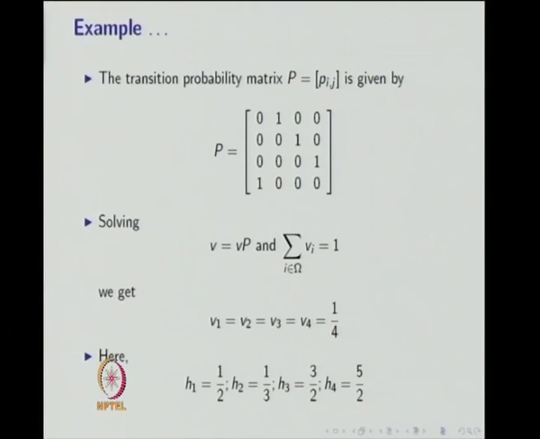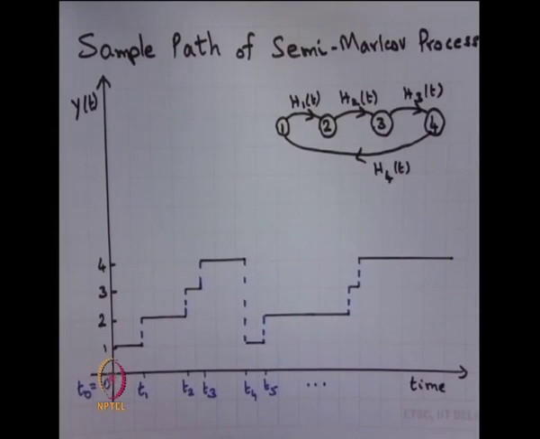The sojourn time in state 3 is uniformly distributed between the interval 1 to 2. Therefore, the mean sojourn time is 3 by 2. And for state 4, the sojourn time is uniformly distributed between the interval 2 to 3. Therefore, the mean sojourn time is 5 by 2.